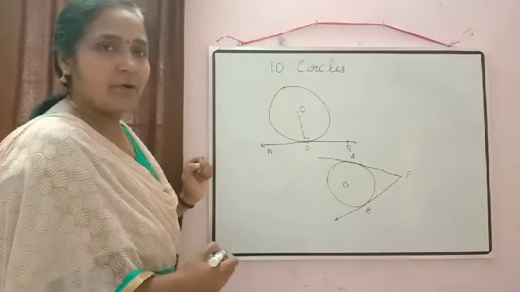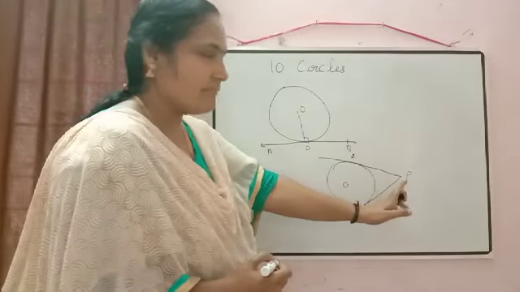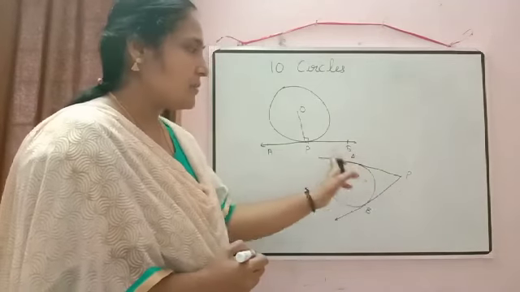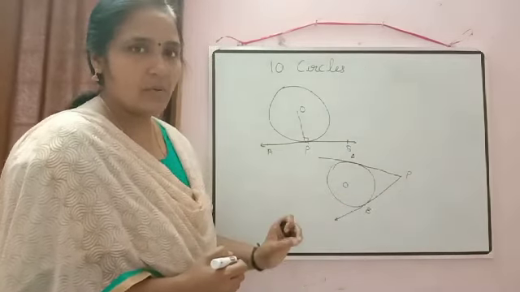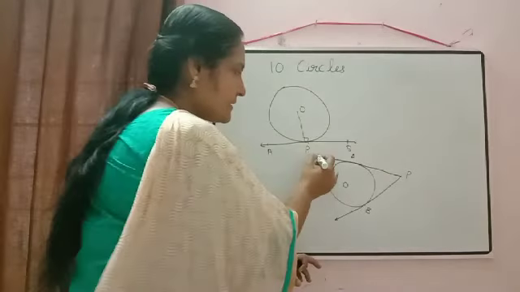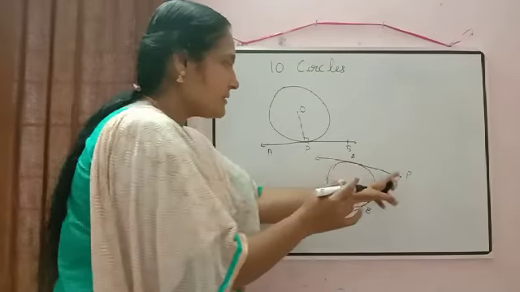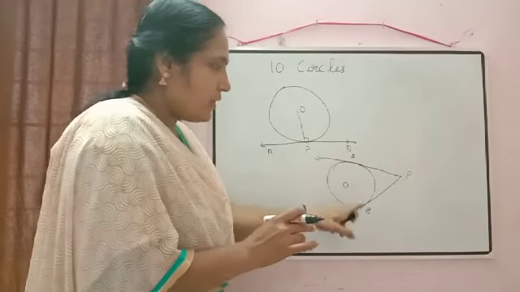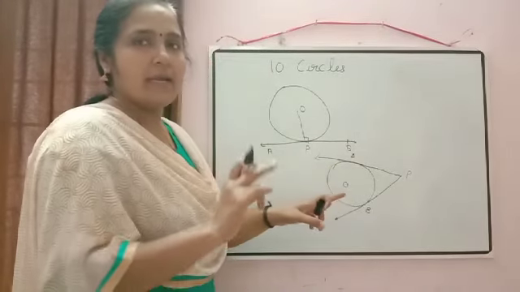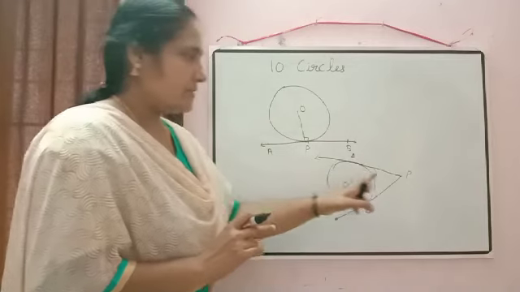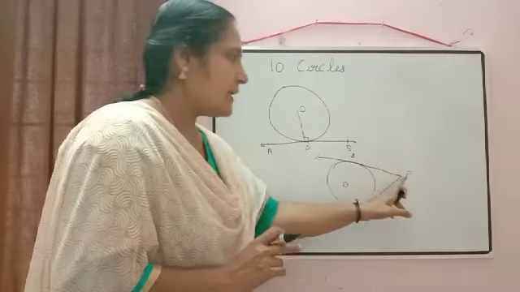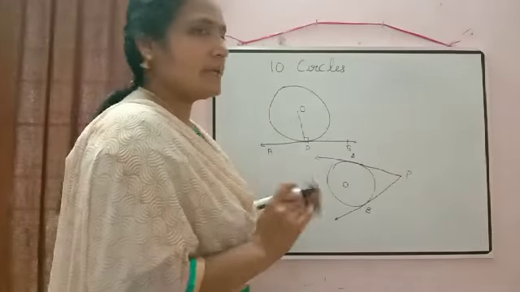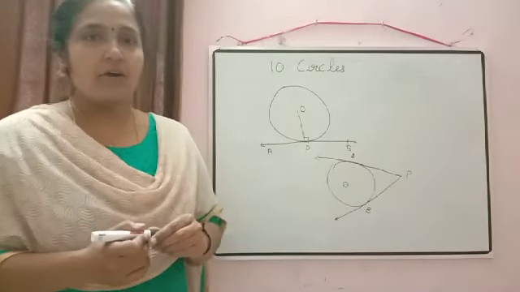Then we studied that the lengths of the tangents drawn from an external point to a circle are equal. If I extend this line, that doesn't mean the whole line segments are equal. It means we calculate the length of the tangent from the point of contact. So we can say PA is equal to PB.